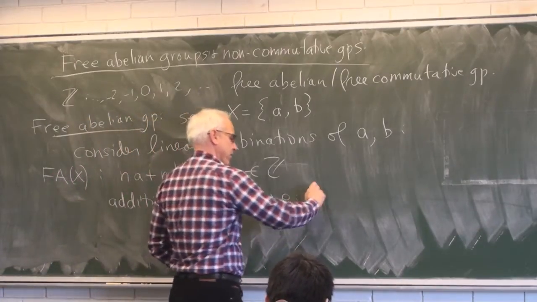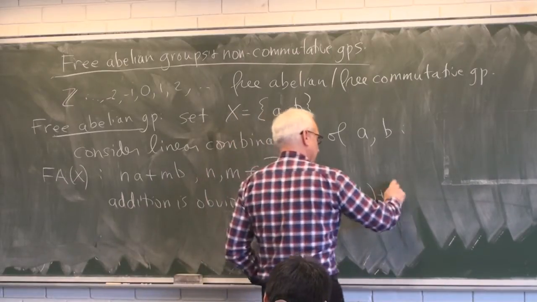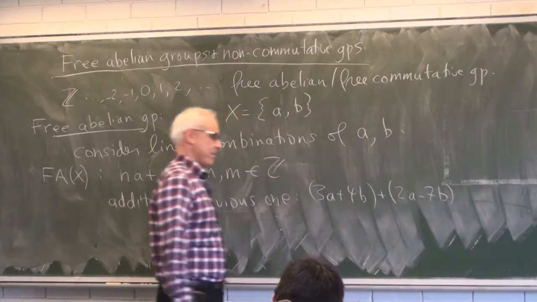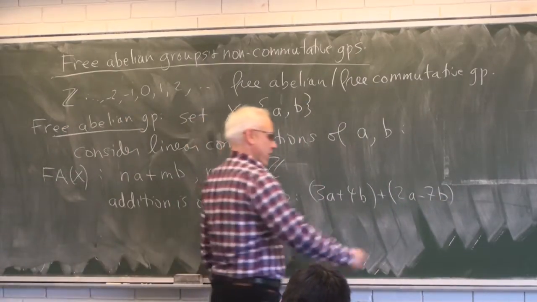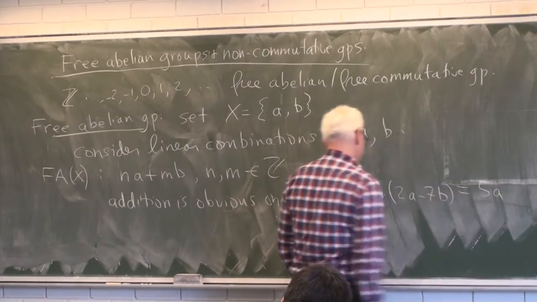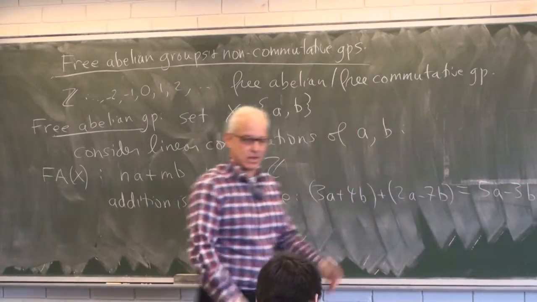Let me do it with an example. So if you have 3A plus 4B, that would be one element, and another element might be 2A minus 7B. And if we added them, well, we're going to add the A's to get 5A, and add the B's to get minus 3B. So that's how we add.